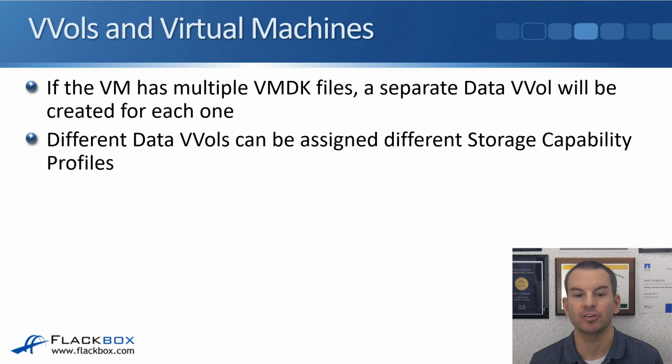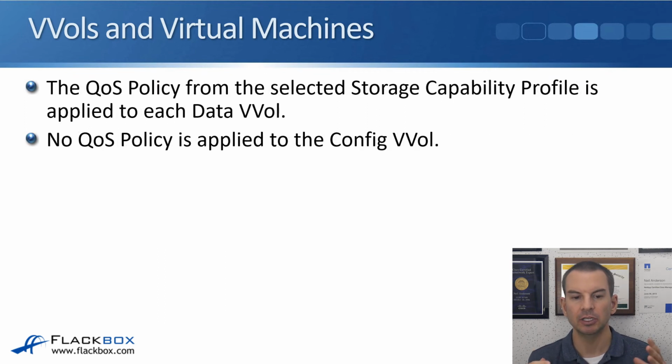If the virtual machine has multiple VMDK files, a separate data VVol will be created for each one, and different data VVols can be assigned different storage capability profiles. The QoS policy from the selected storage capability profile is applied to each data VVol. No QoS policy is applied to the config VVol.